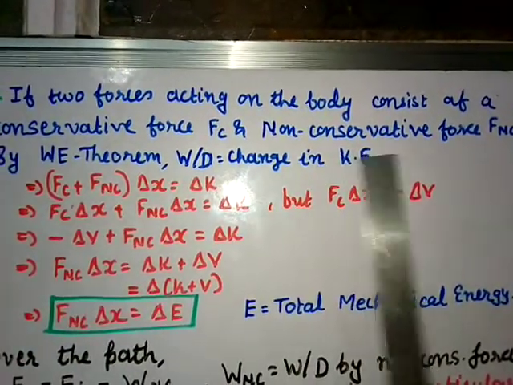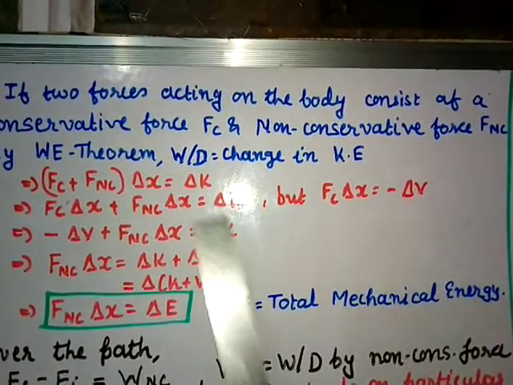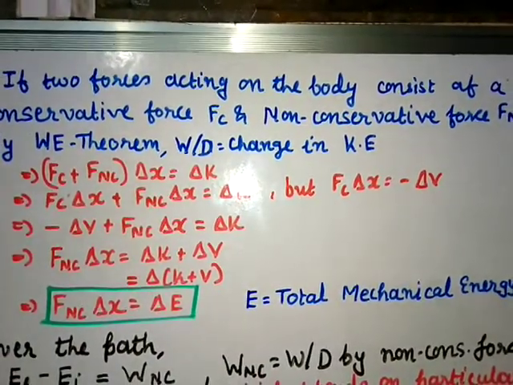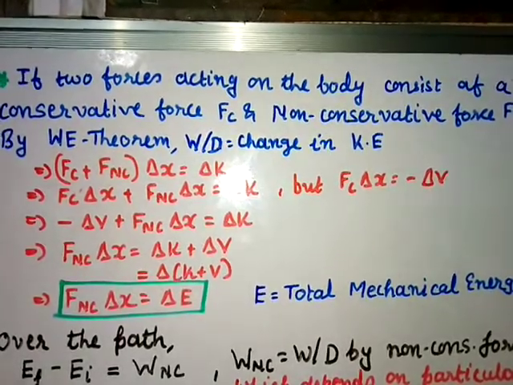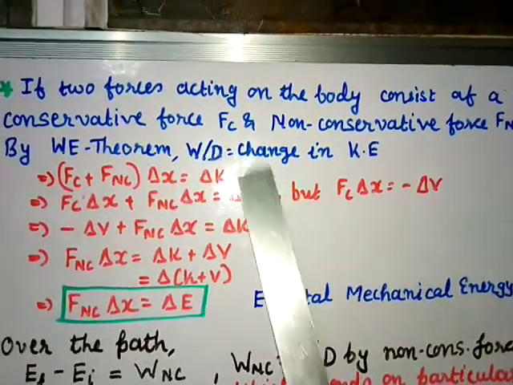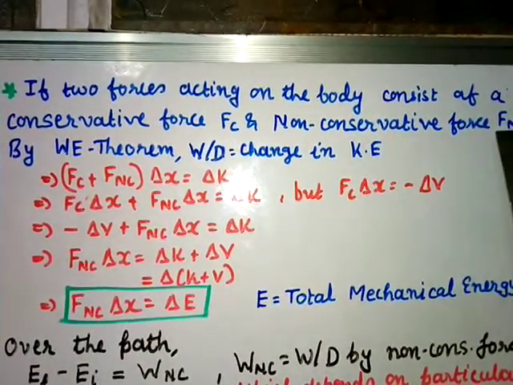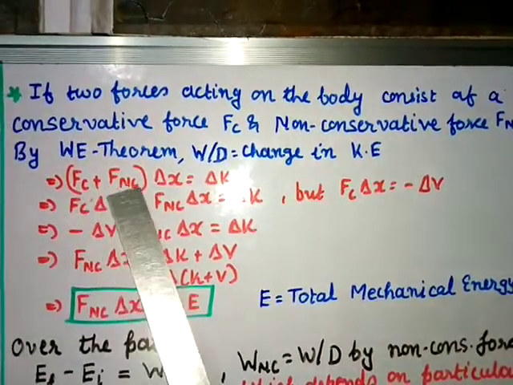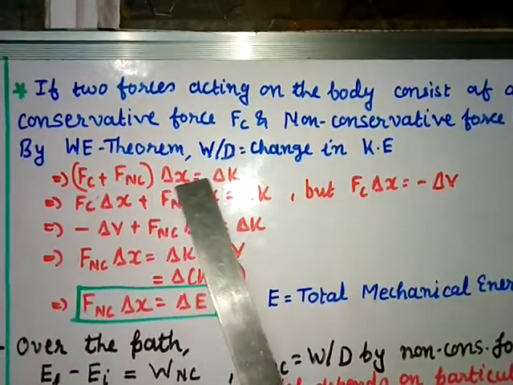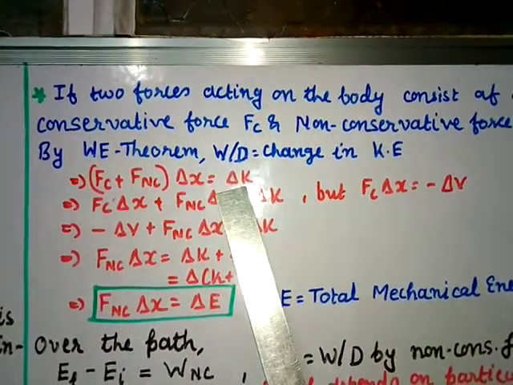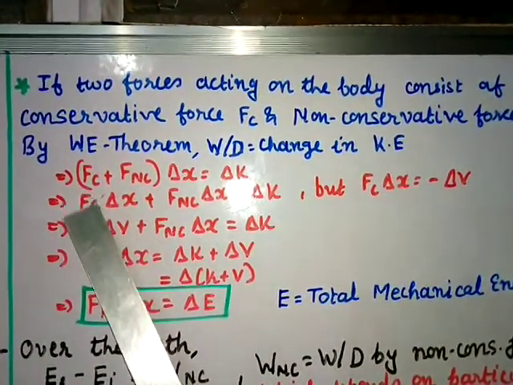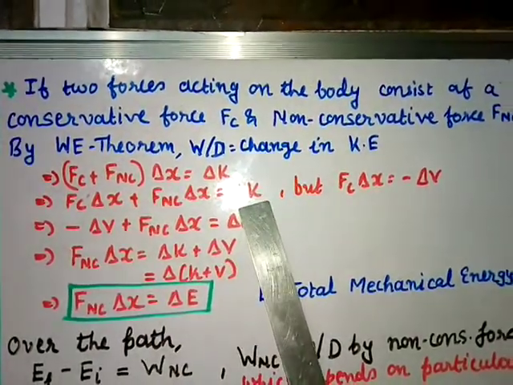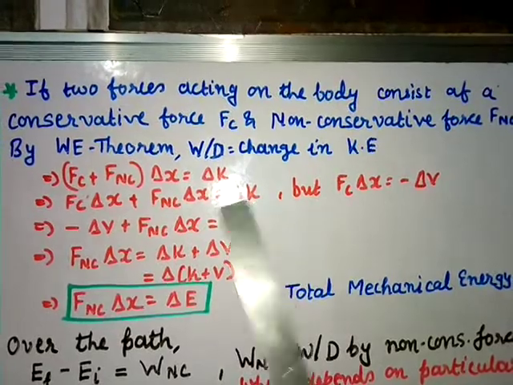So work done is force into displacement. Here the force is Fc, conservative force, plus Fnc, non-conservative force. So the total will be Fc plus Fnc, and suppose the displacement is delta x, equal to the change in kinetic energy delta K. Multiplying inside, Fc delta x plus Fnc delta x equals delta K.